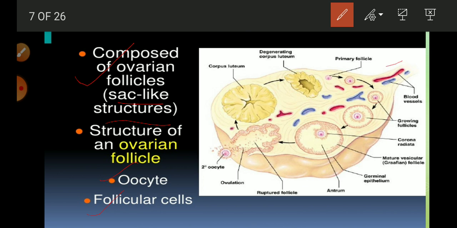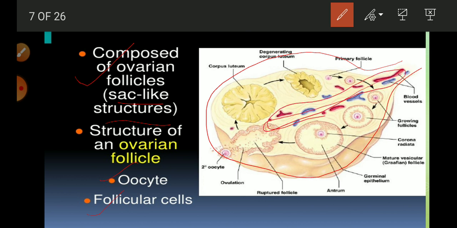So if you can see, this is one of the ovaries. It has an inner medulla, which has blood vessels, and outside are the follicles, the places where the immature egg cells are present. They are growing. You can see here inside the follicles.